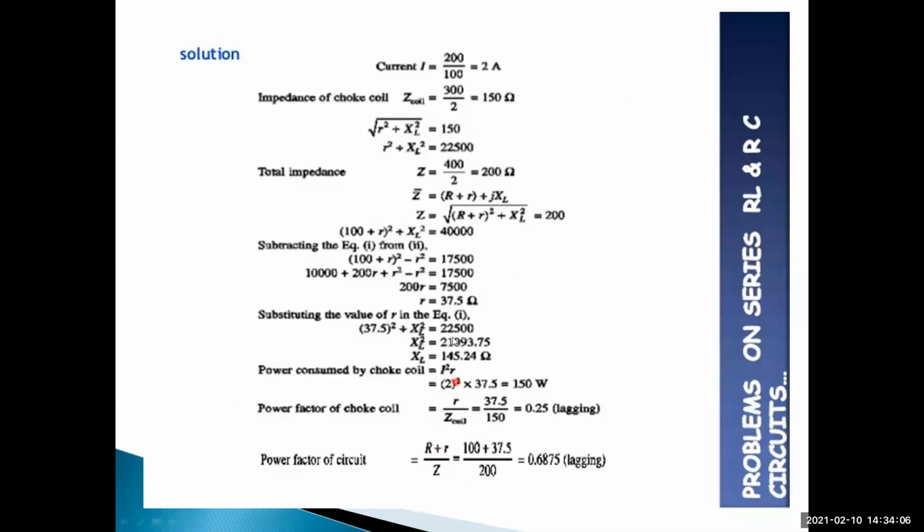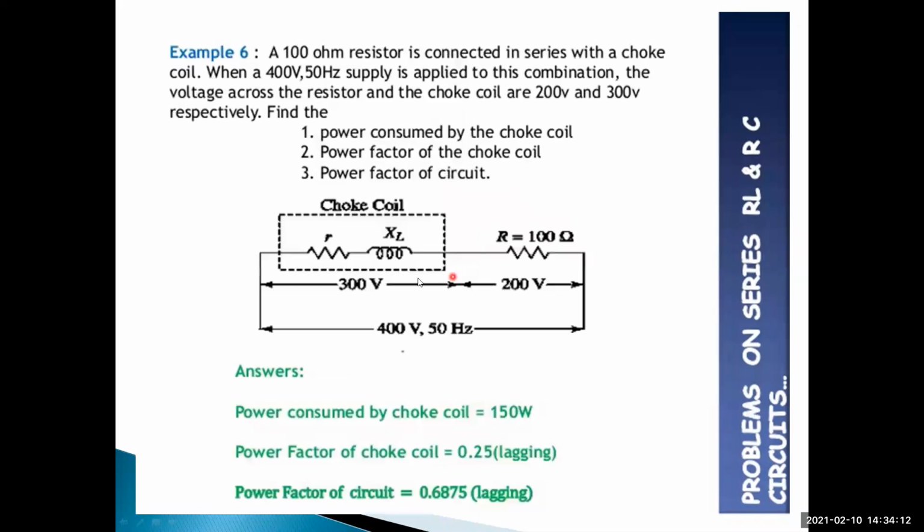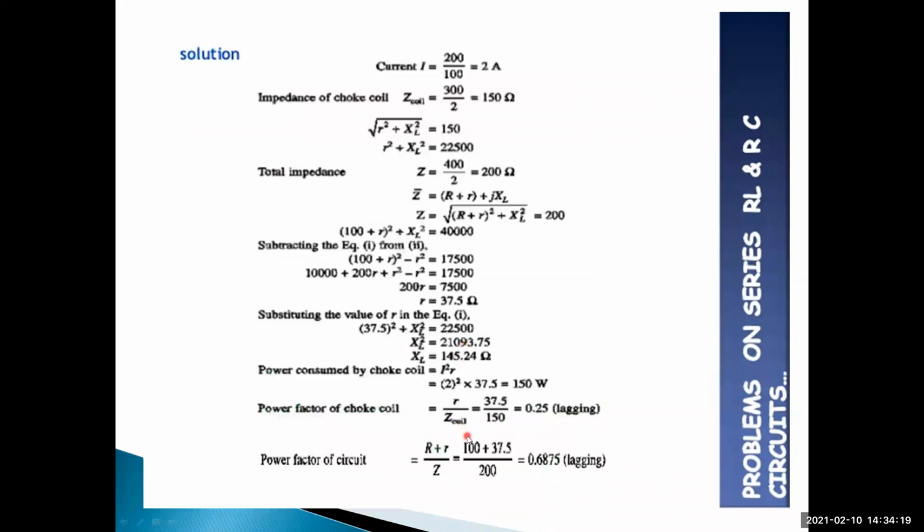Then the total impedance, Z, is V by I, 400 by 2, the supply voltage by the supply current. That is the circuit impedance. Then capital R plus small r divided by Z, you'll get 0.6875.